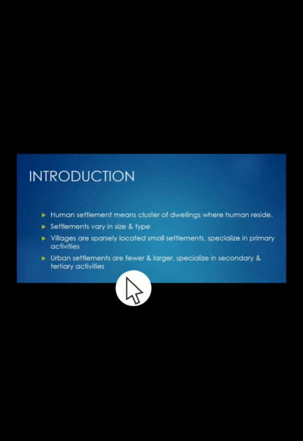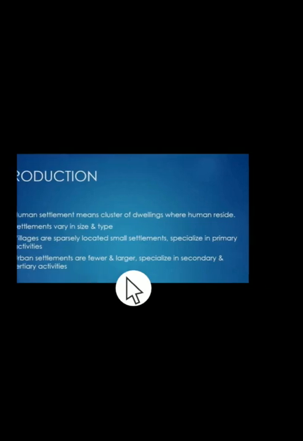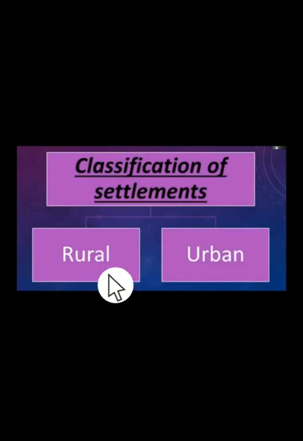That means the main occupation of people who are working and living in the cities, my dear students, is secondary, that is related with production processes, all those manufacturing processes, and also tertiary activities, that is basically the service sector. So people belonging to the secondary and the tertiary sector live in the urban settlements. So this is about the rural and the urban settlements.